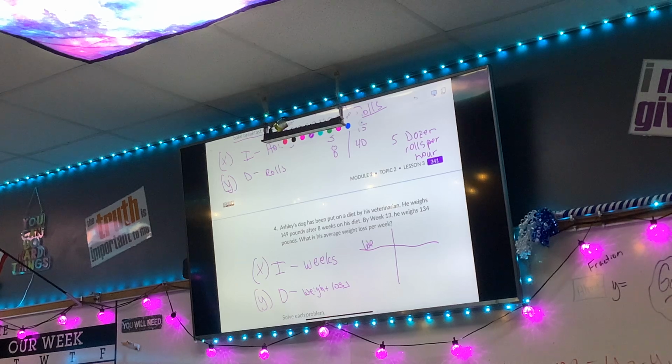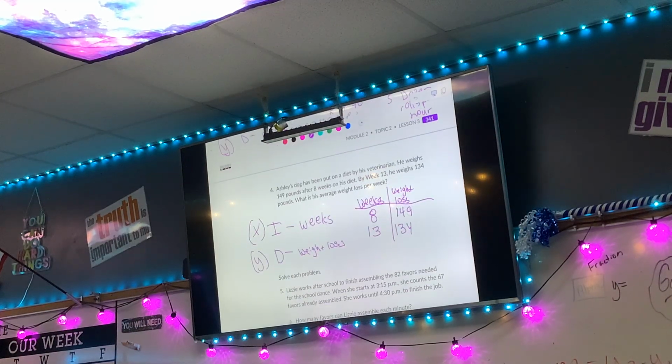So we have weeks, then we have weight loss. Poor dog. He is 149 pounds at 8 weeks old. It's a big puppy. And at 13 weeks, he weighs 134 pounds. We're trying to find the weight loss per week.